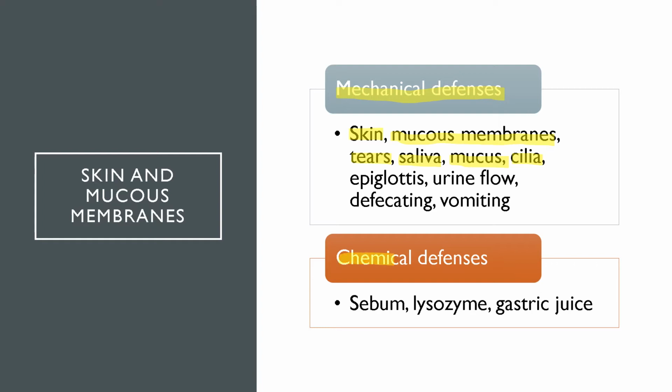Some of our chemical defenses that we're born with include sebum, which is created by the sebaceous glands of the skin, and lysozyme, which is an enzyme contained in tears, as well as gastric juice in the stomach. All of these work as a chemical defense.